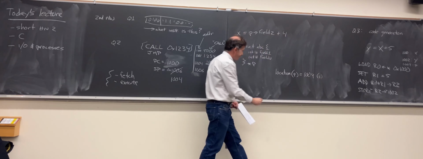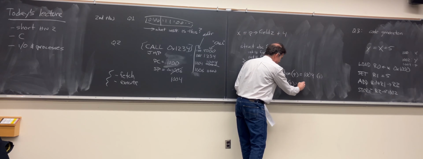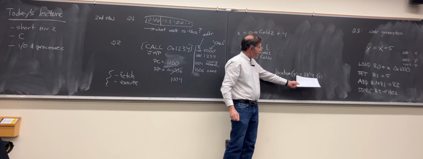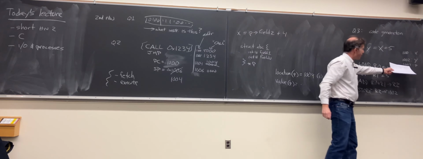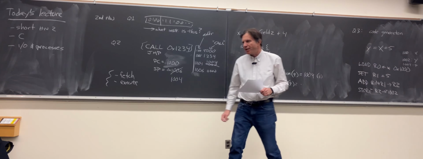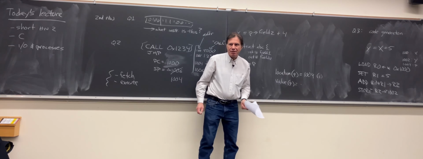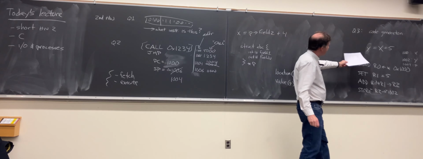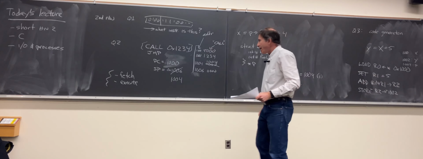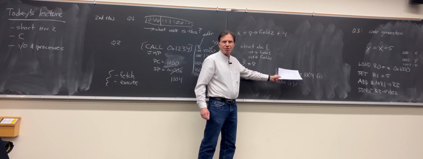The compiler knows the location of p. I think, like I said, it's at 1004. I forget. It doesn't know the value of p. Just like over here, it knew the location of x, but it didn't know its value. So it has to read p in from memory to a register.